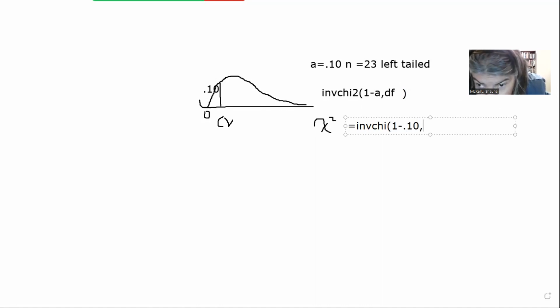And remember, my df is 1 less than my n. So 23 minus 1, 22.